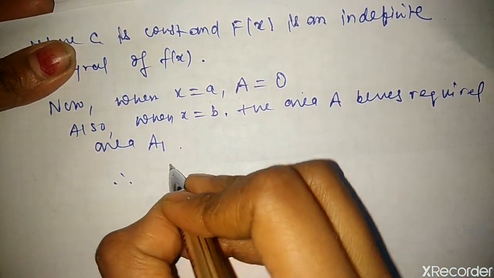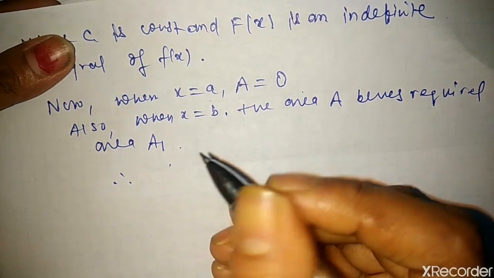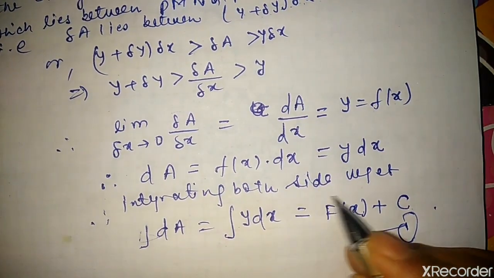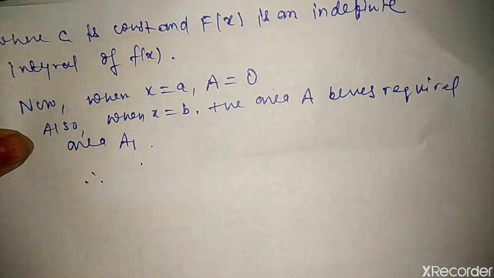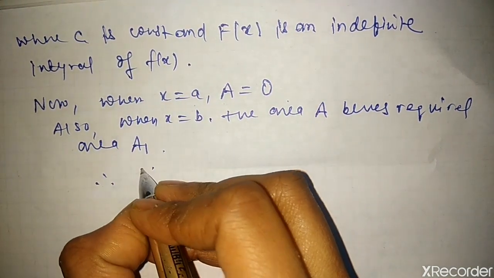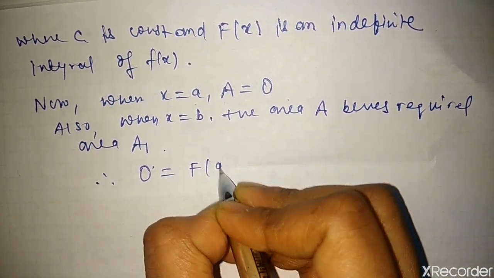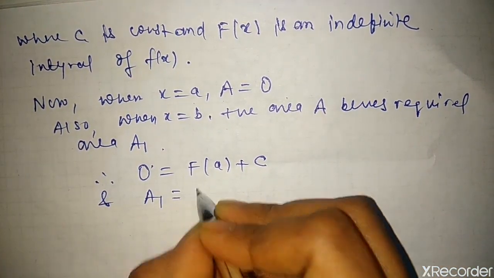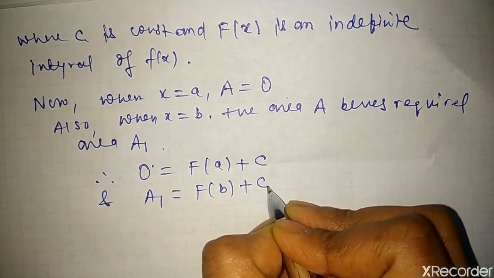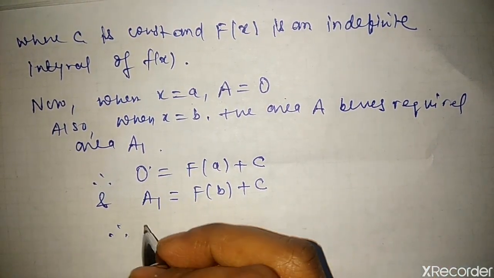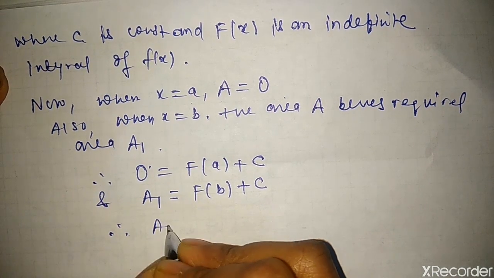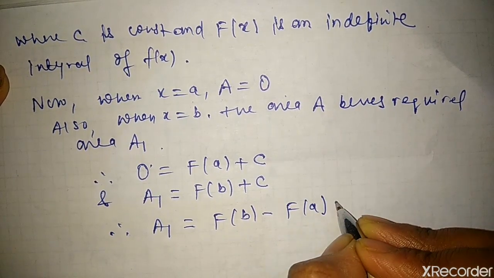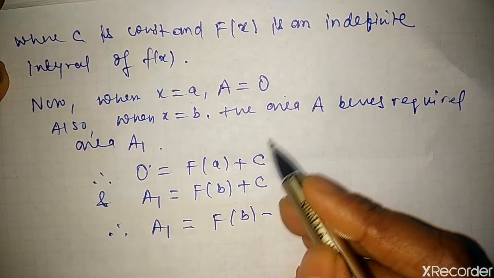Therefore, by putting this value in equation number 1, what we get here is 0 equals F(a) plus C, and A1 equals F(b) plus C. Therefore, by subtracting these values, C is cancelled.